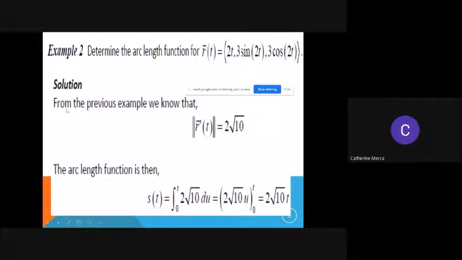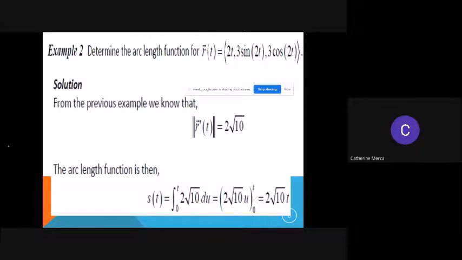then what do you do? You first try to solve for the magnitude. That was already solved in example 1. That's why it says from the previous example, we know that the magnitude is equal to 2 square root of 10. So the arc length of the function therefore is, you use the formula, which is the integral of, right, our formula for arc length.